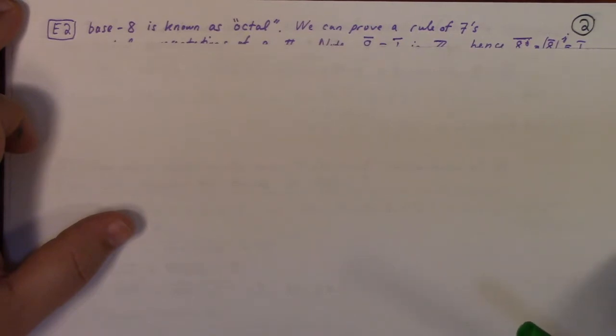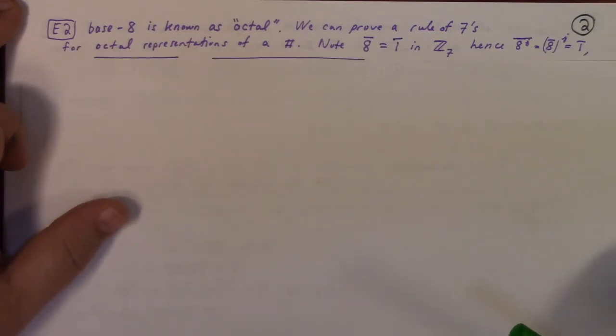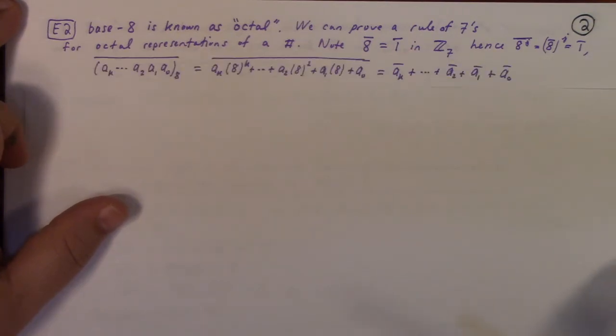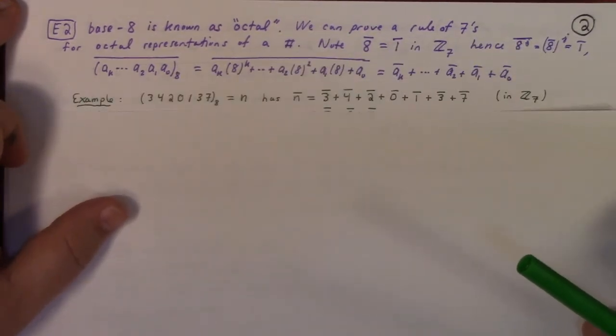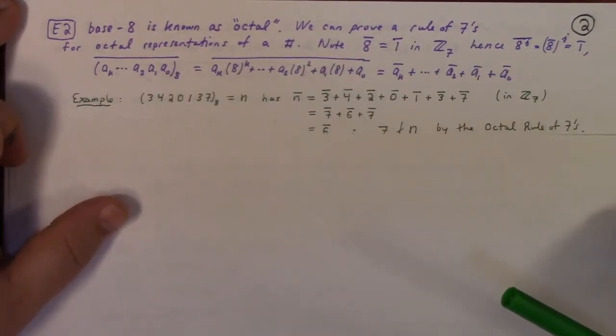You see zeros and ones, you're like binary. But base 8 can have digits that go 0, 1, 2, 3, 4, 5, 6, 7. There's also something called hexadecimal, which uses A, B, C, D, E, and F to denote the numbers 10, 11, 12, 13, 14, 15. But anyway, octal is kind of annoying in that it looks like decimal.